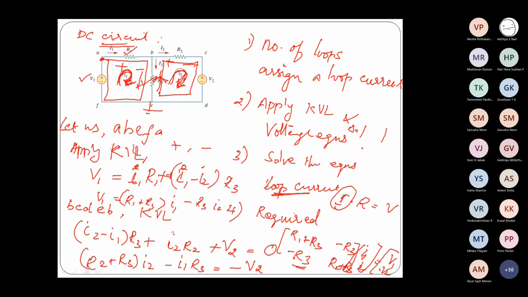And then find del I1. What is del I1? Replace the first column of this 2 by 2 matrix with the constants, that is, the right hand side matrix. So find the del I1 determinant also.